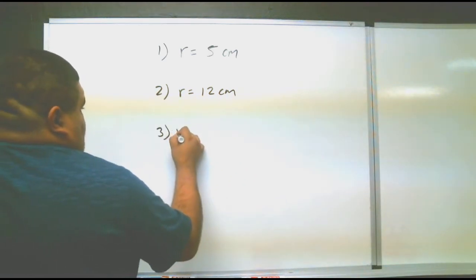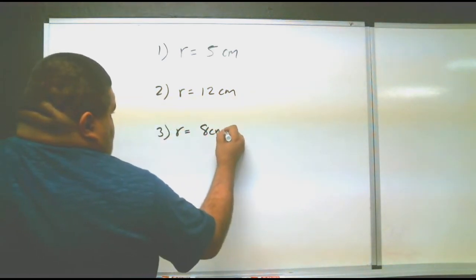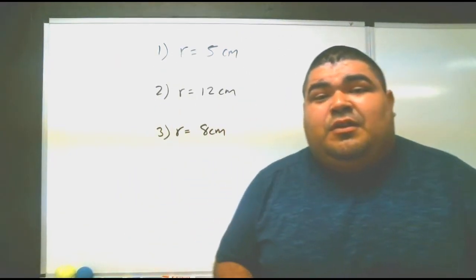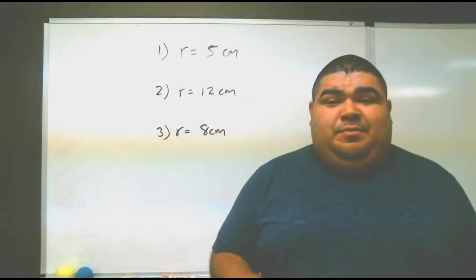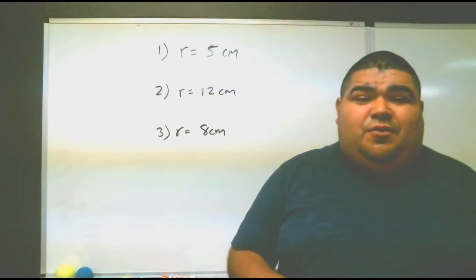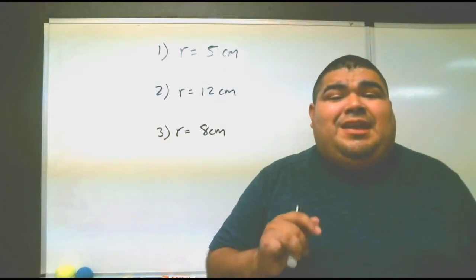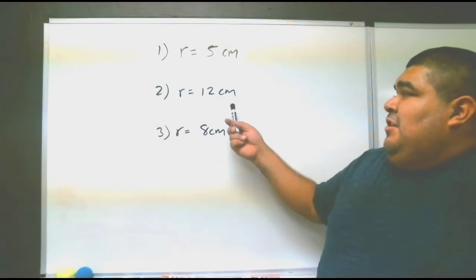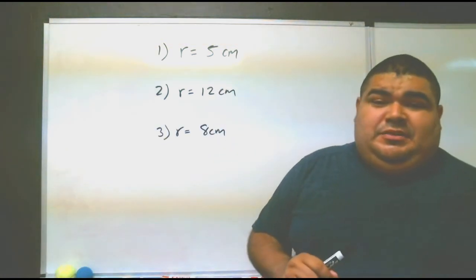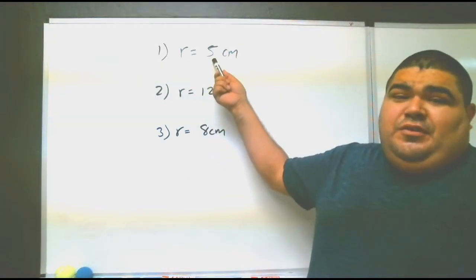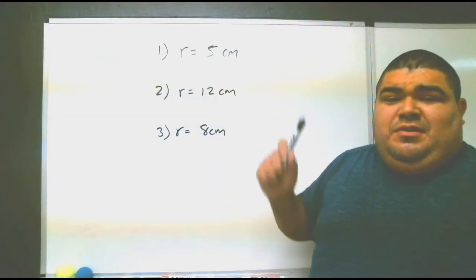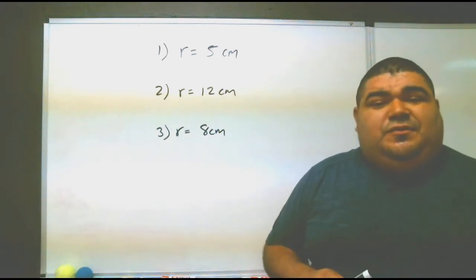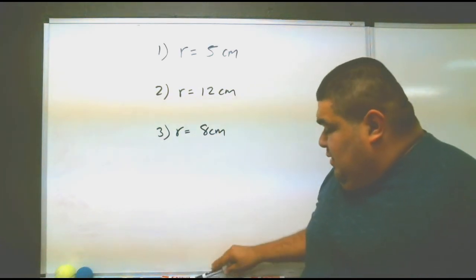And for your third one, your radius is going to be 8 centimeters. Remember, I'm looking for both surface area and volume, and also sphere and hemisphere. So you should have a total of 4 answers for each one of these problems: 2 for surface area, 2 for volume, for each problem.